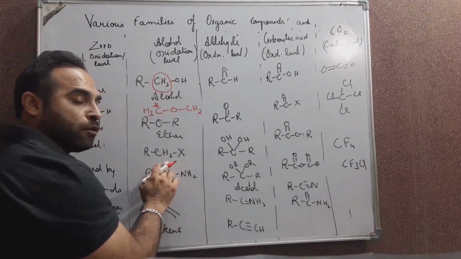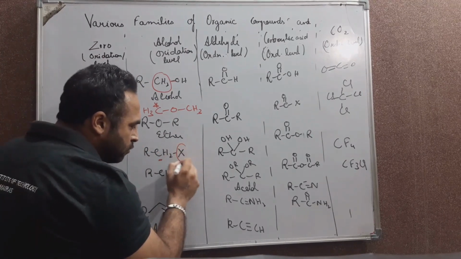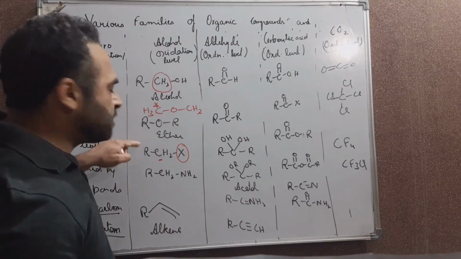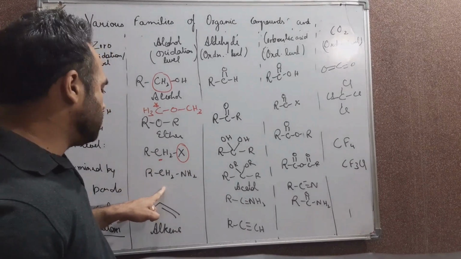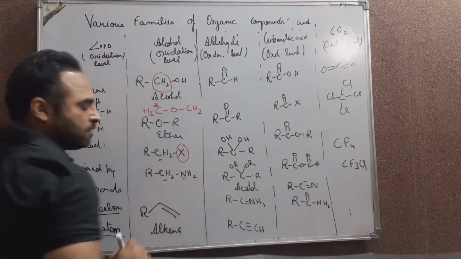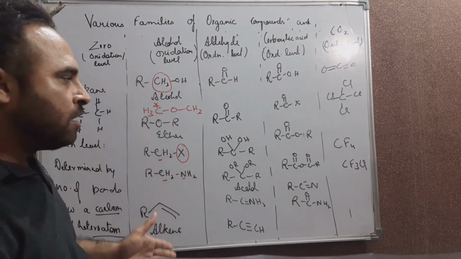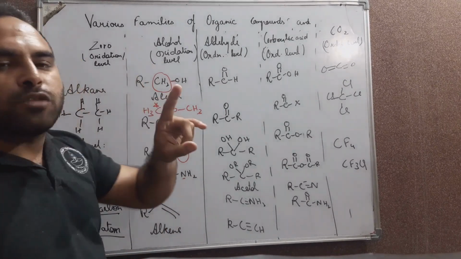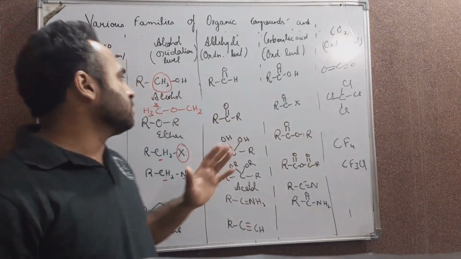Similarly in haloalkanes, the carbon has got only one bond with the halogen, so it will be at the same level as alcohols. Likewise the amines: this carbon is having only one bond with nitrogen. So this is the alcohol oxidation level, which can be called the first oxidation level, because there is one bond between carbon and a heteroatom.